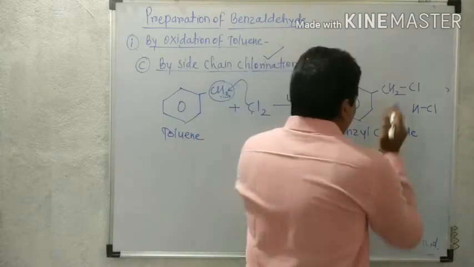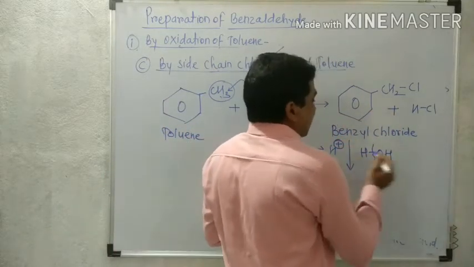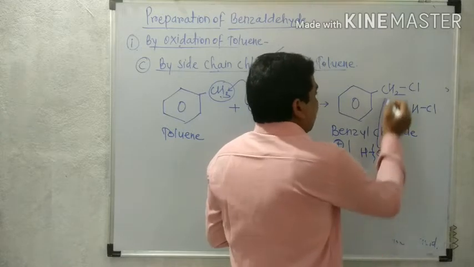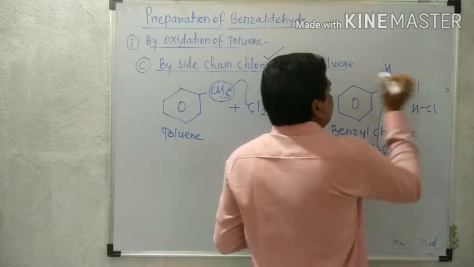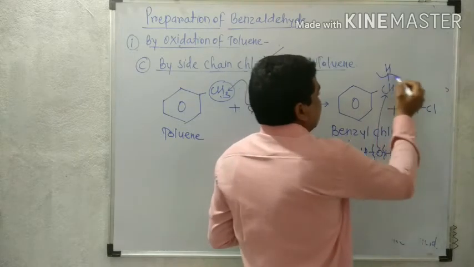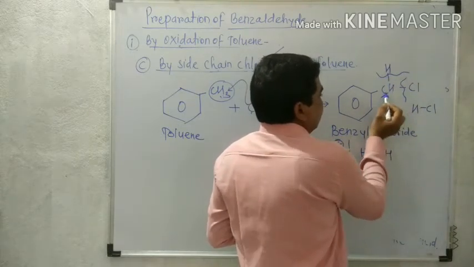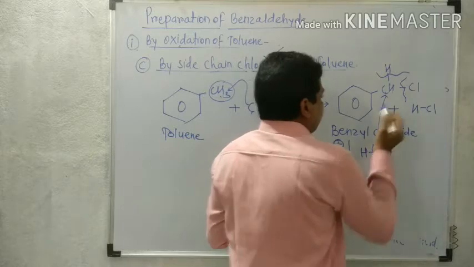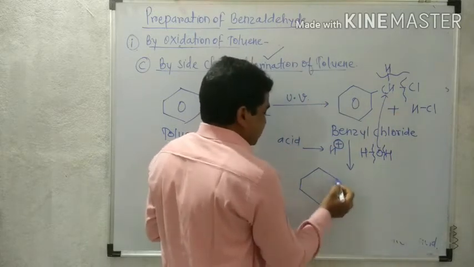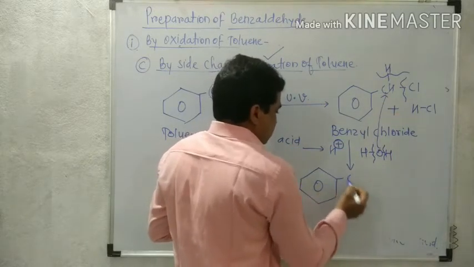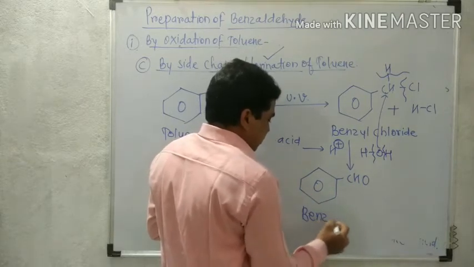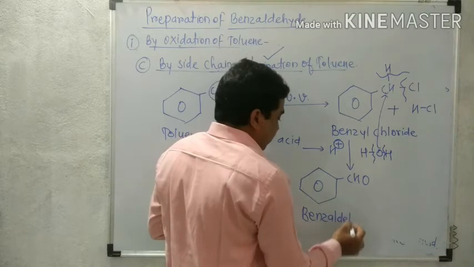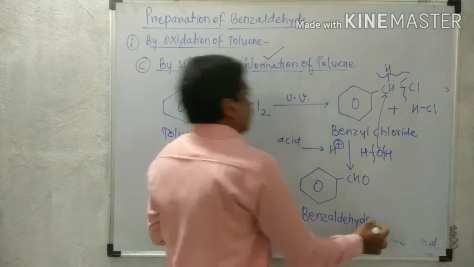So benzyl chloride in the second step undergoes hydrolysis. Oxygen gets added to the CH: CH2 loses a hydrogen, and CH is converted to CHO. Therefore, benzyl chloride is converted to benzaldehyde.